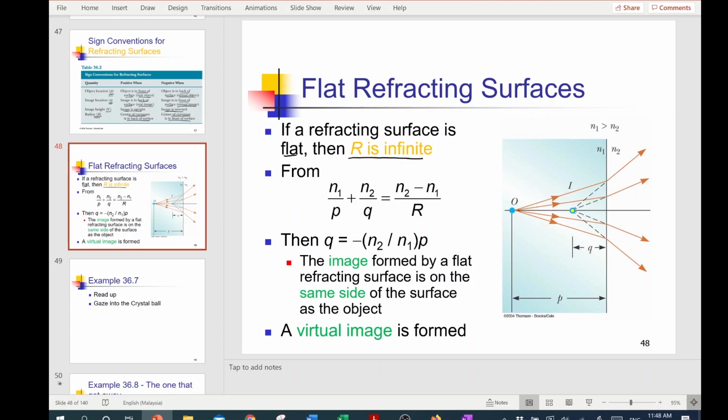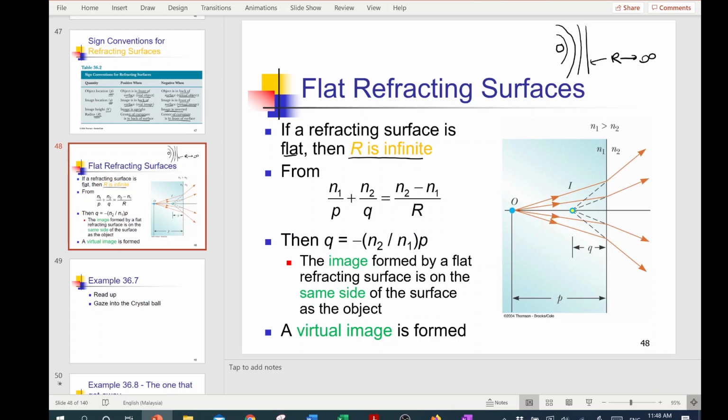If you imagine R as a small value with this circle, then the value of R increases with this circle, and it will increase more and more, and up until this point R is considered as infinite.